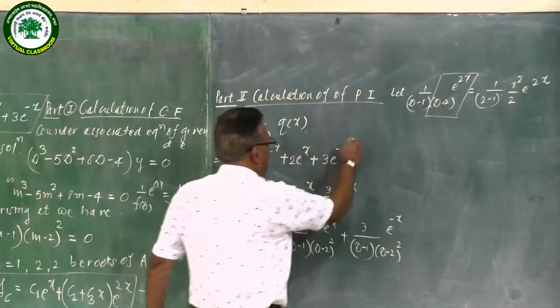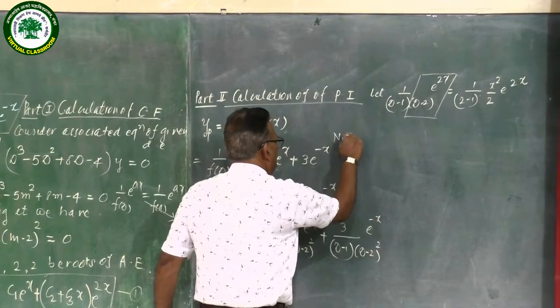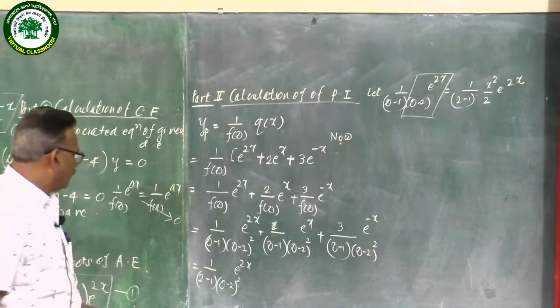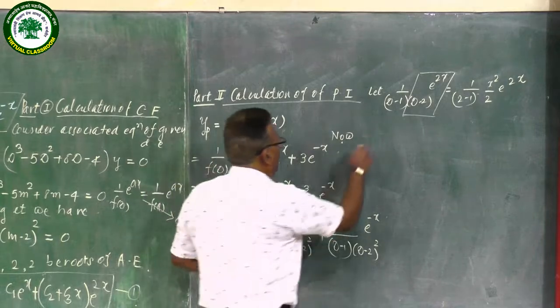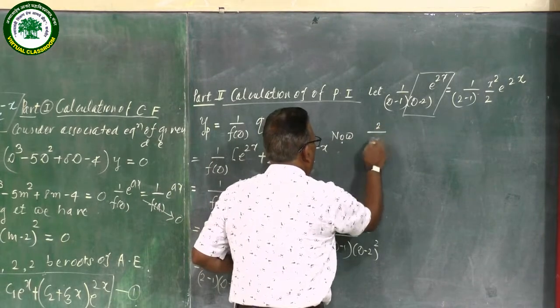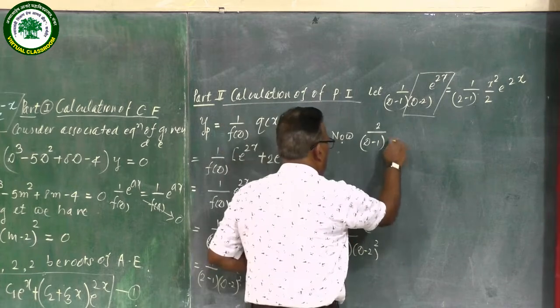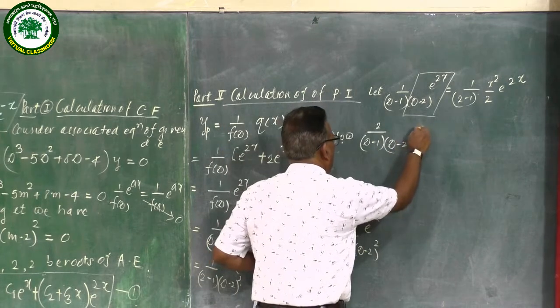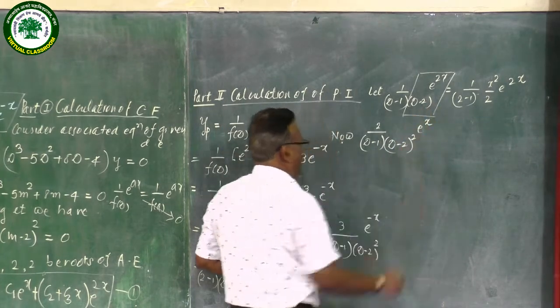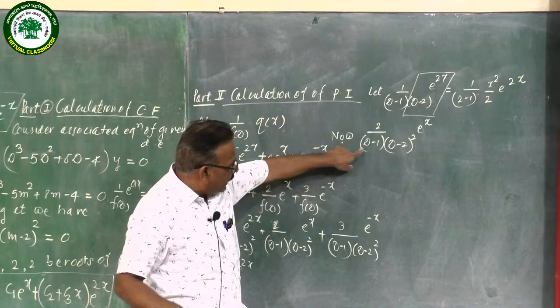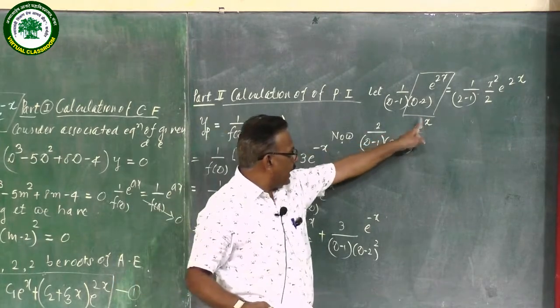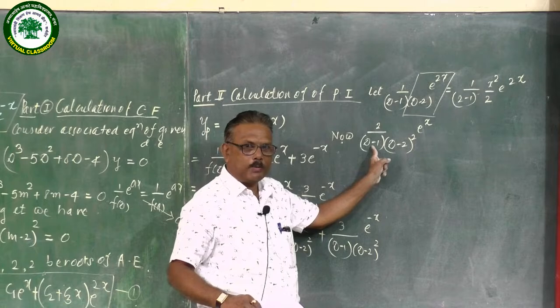Now the second part we are considering. What is that part? 2 upon (D minus 1) into (D minus 2) square into e raised to x. Here the root is repeated 1 time. While substituting a equal to 1 here, this part will become 0.